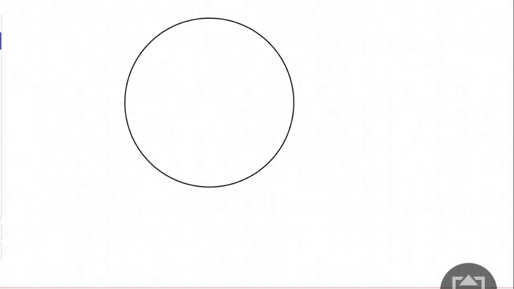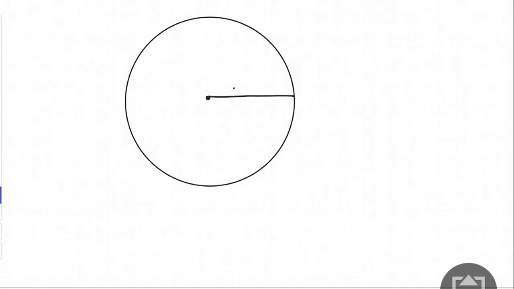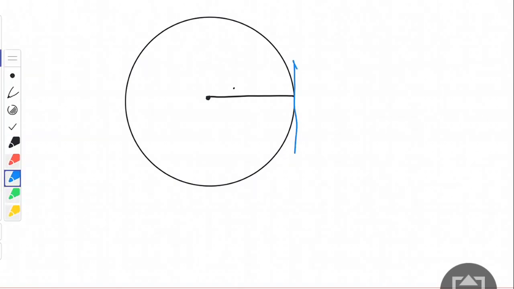What is the property? So let's say this is a circle. This is the center, and if I draw a line from the center to any point. Let's say this was a mirror. What would happen? This ray falls here. What is the angle with the tangent here? If I draw a tangent, what is the property of a circle?